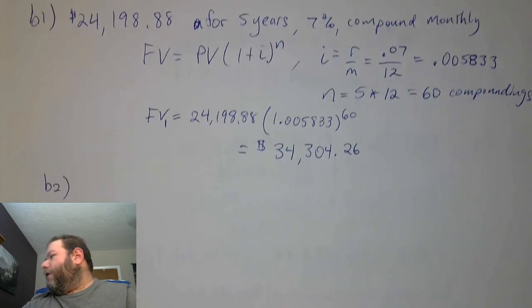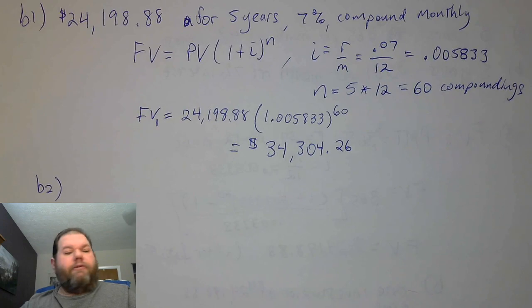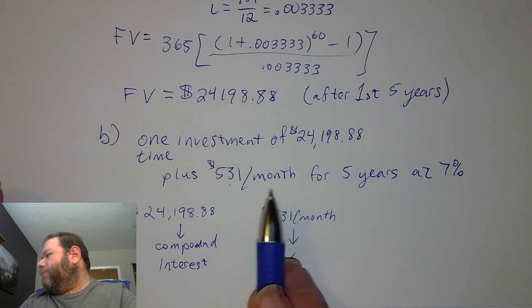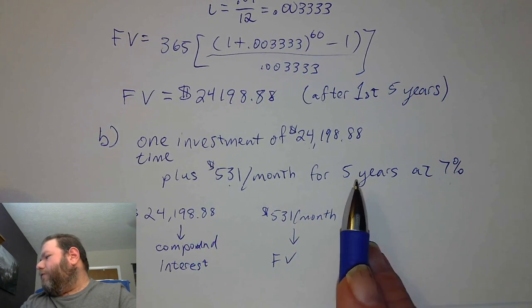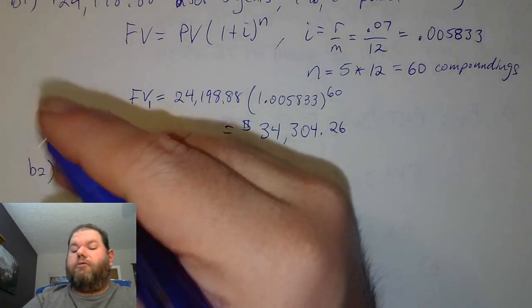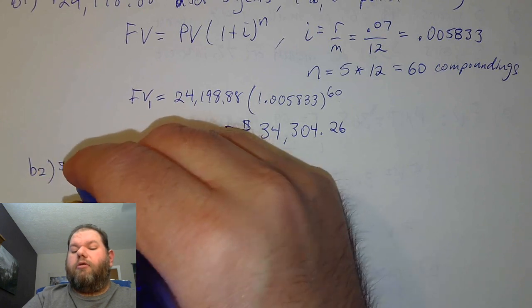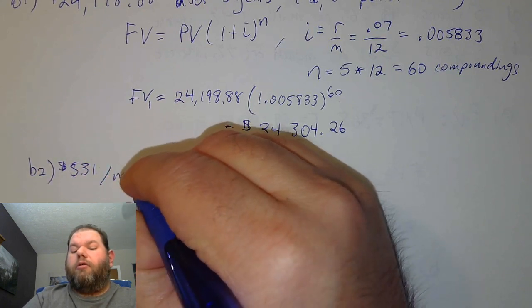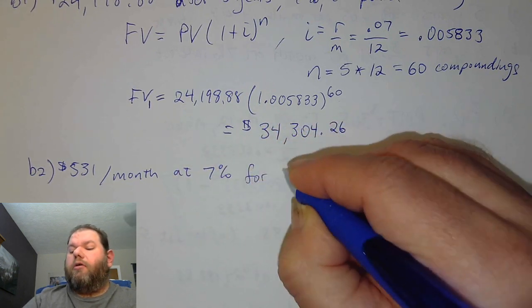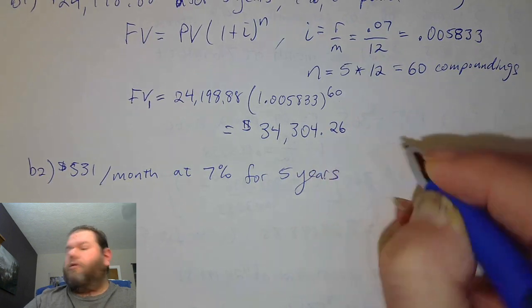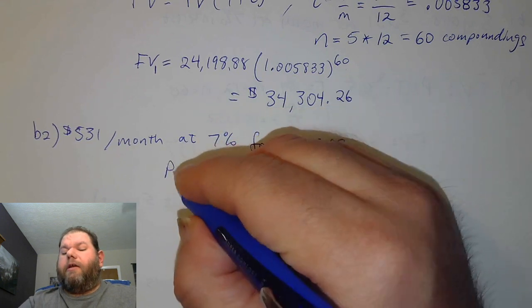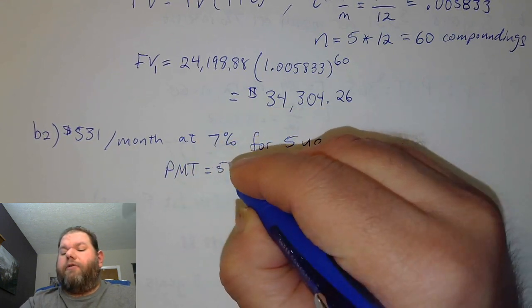Now, the other half of this problem is that we still have this other $531 per month at 7% for 5 years. Okay. So our payment is $531.